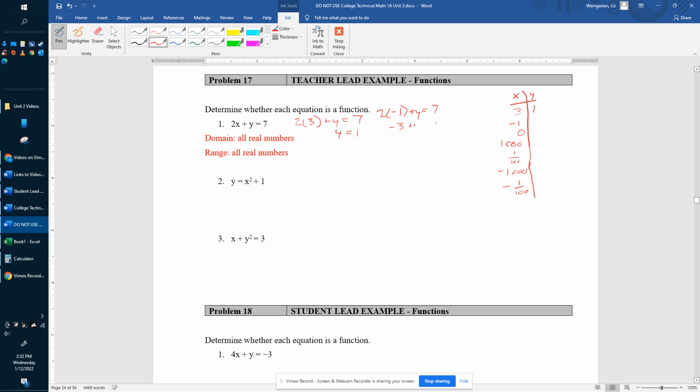Negative 2 plus y equals 7. y equals 9. Put 0 in for x, that just disappears. All we get is y equals 7. What if we put 1,000 in for x? We get 2,000 plus y equals 7. y equals negative 1,993.